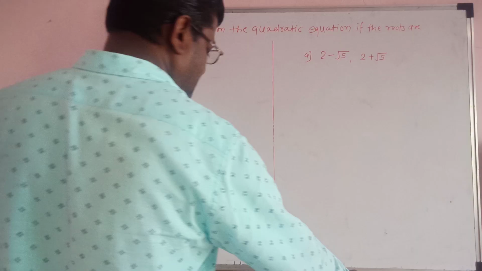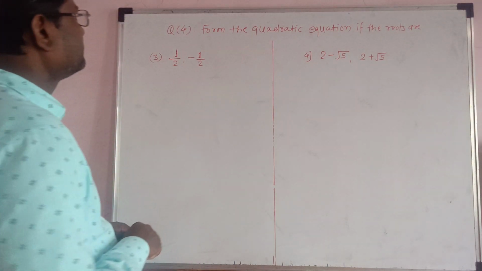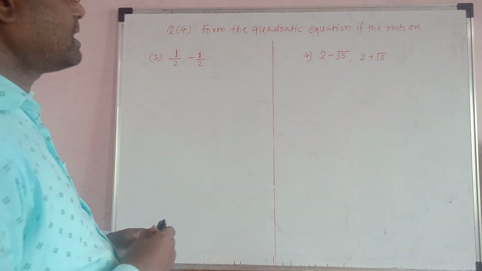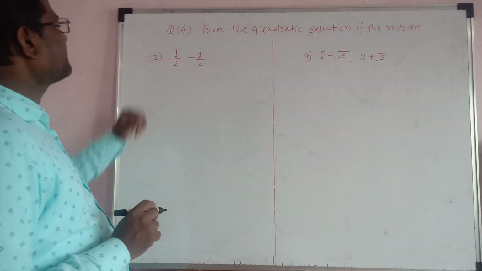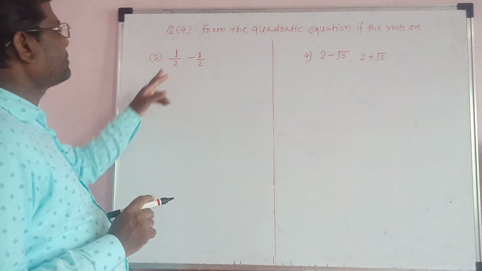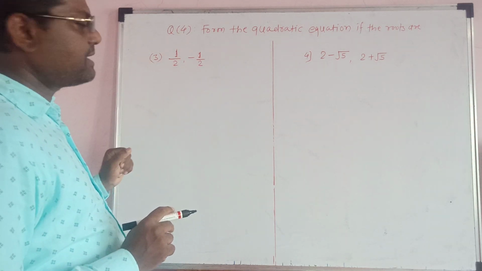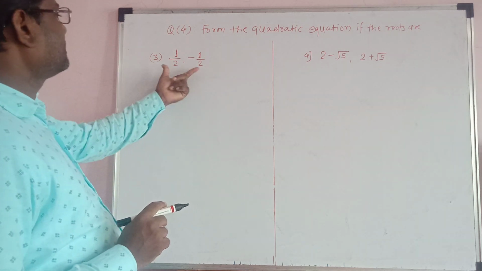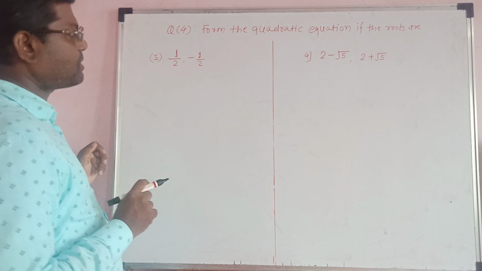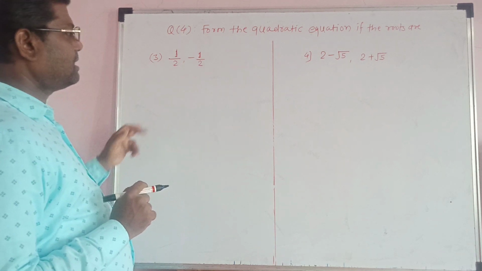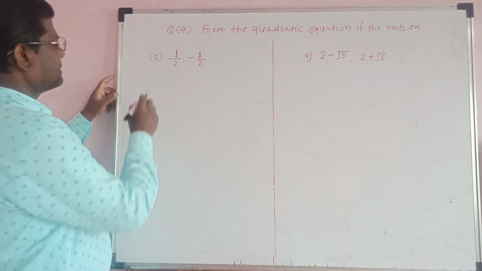Question number 4. Form the quadratic equation if the roots are, example number 3, 1 upon 2 and minus 1 upon 2. Two roots are given here. We know that roots of a quadratic equation are alpha and beta.